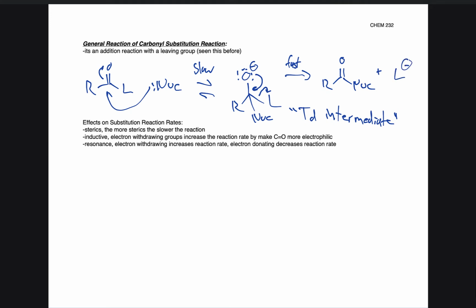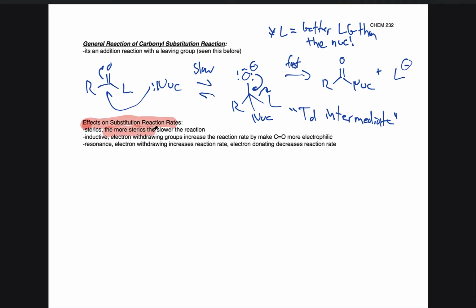And this reaction only really takes place when the L group there is a better leaving group than the nucleophile. And some things that affect this rate, making something go quicker, and I have the list down here below, are things like sterics.